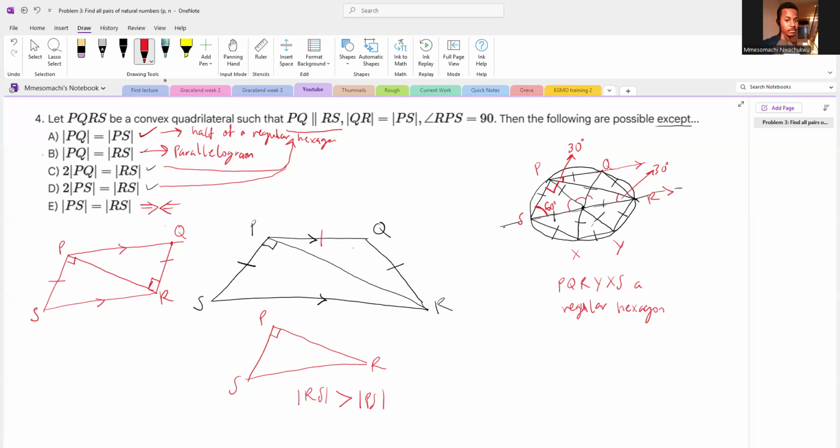Each of the angles at the circumcenter of the regular polygon is divided equally, so each of these angles will be 60 degrees. And since each of the angles at that center is 60 degrees and the radii are all equal, you have isosceles triangles with the angle in between being 60 degrees. So this makes each of those triangles equilateral.